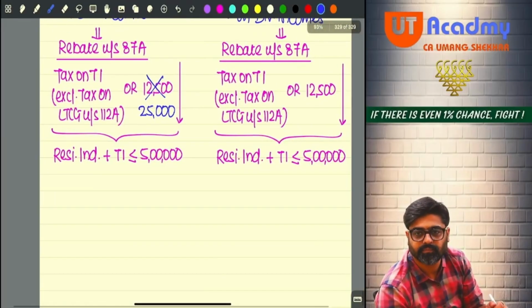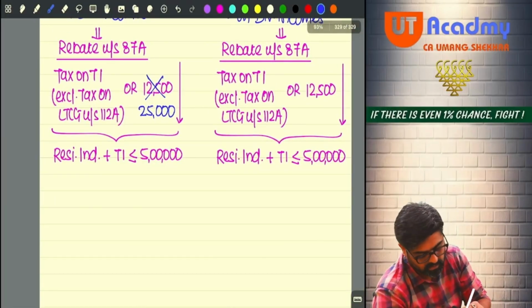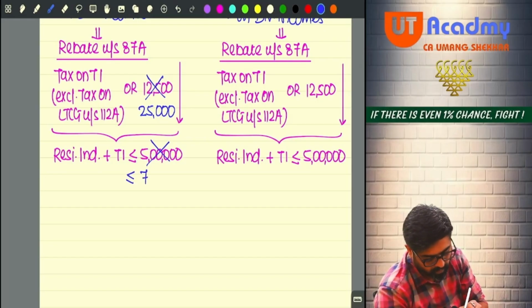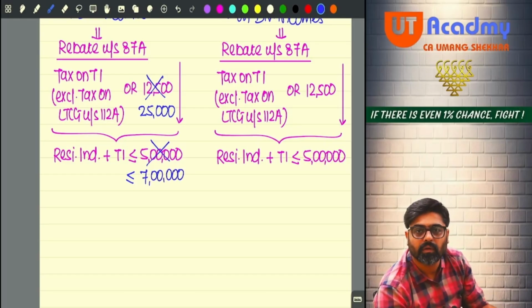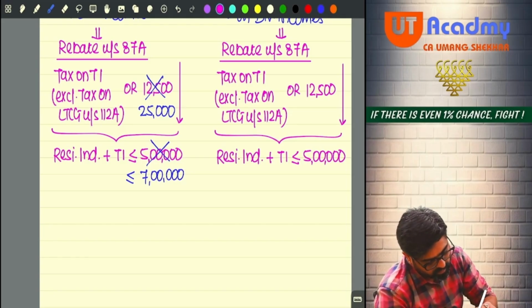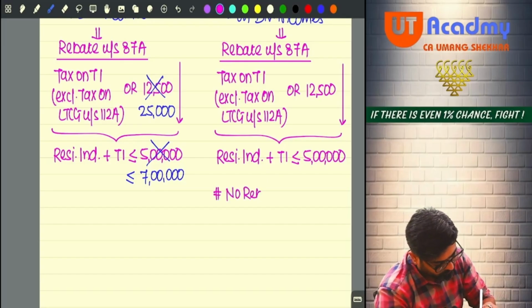Now pay attention. Even if your total income is more than 5 lakhs, still you are going to get rebate, but it should be less than or equal to 7 lakhs. Are you seeing the difference? Now pay attention. Here, no rebate if total income is more than 5 lakhs.